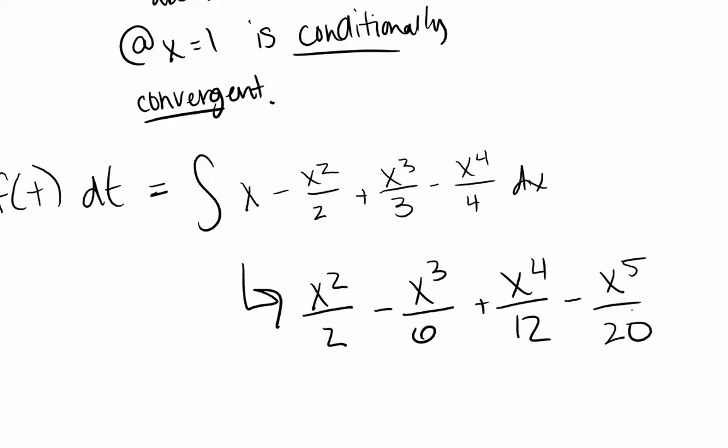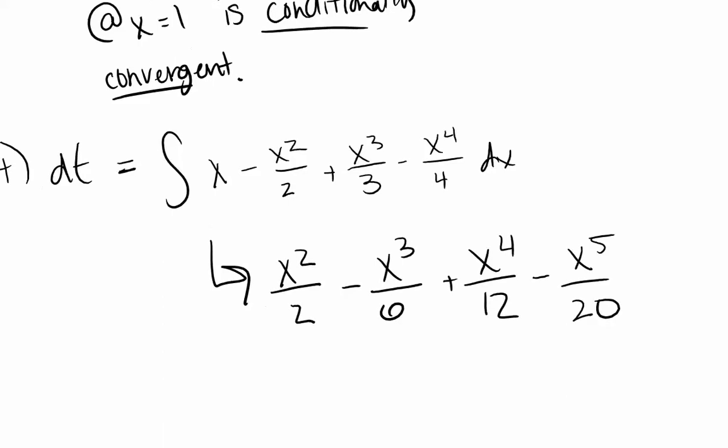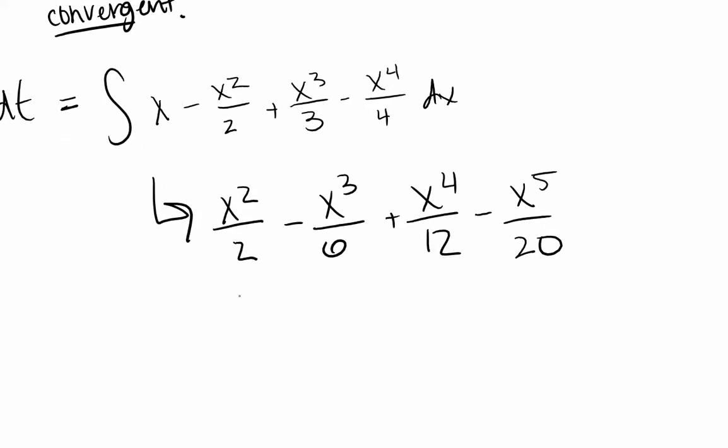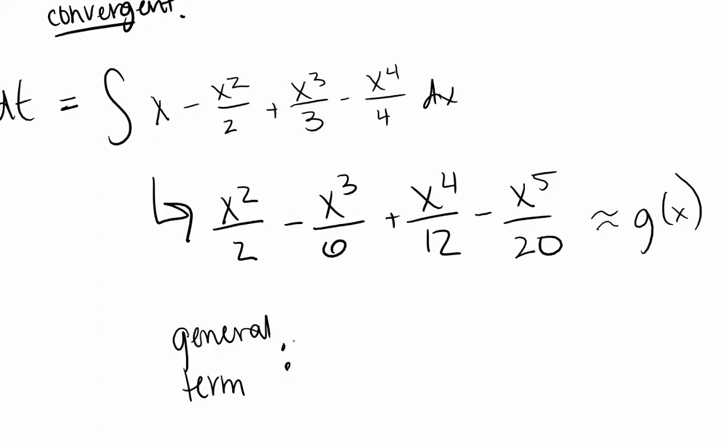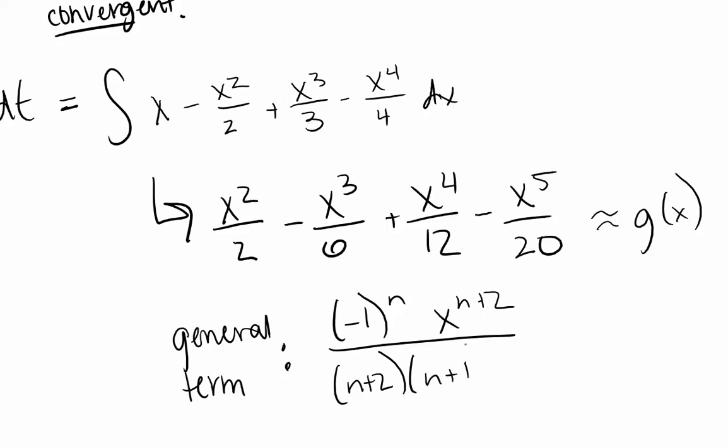And then it asks for a general form of this new g of x. So this is approximately g of x, and a general term would be alternating, so -1 to the n times x to the n plus 2 over n plus 2 times n plus 1.